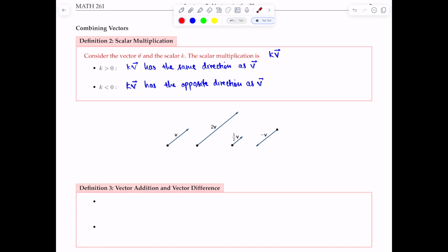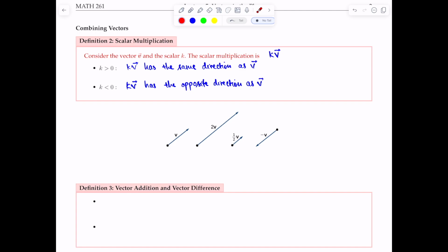You shorten or compress the original vector to a half, but it's still pointing in the same direction as the original vector. Now, if the scalar is equal to -1, when you have a negative scalar applied on a vector, then the new vector has the opposite direction compared to the original vector. Now, that is scalar multiplication.